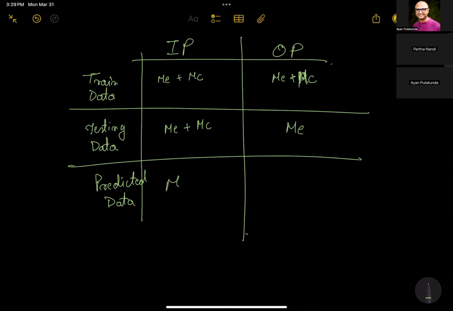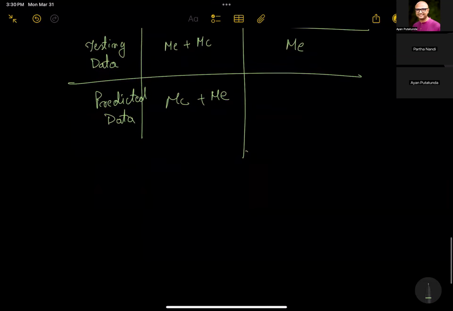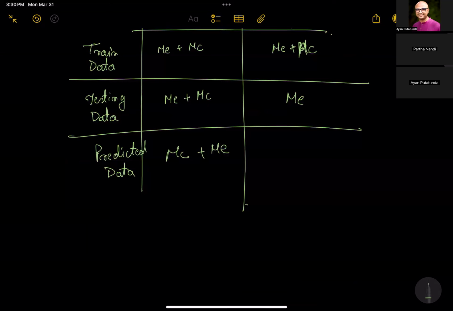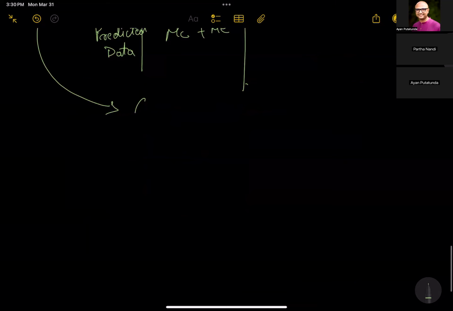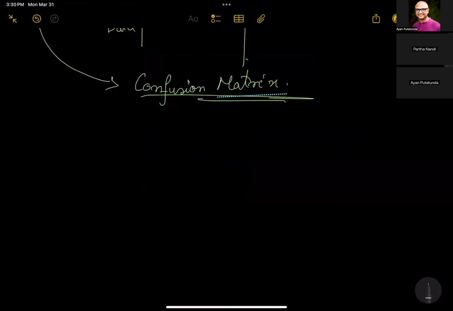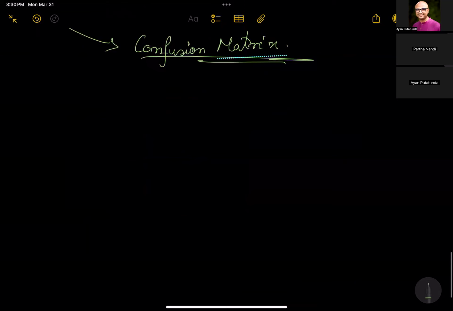Yes. So from here, there is one important concept that we should understand. It is called confusion matrix. Let's go there. What is confusion matrix? Say I have a model to predict if somebody is sick or healthy.